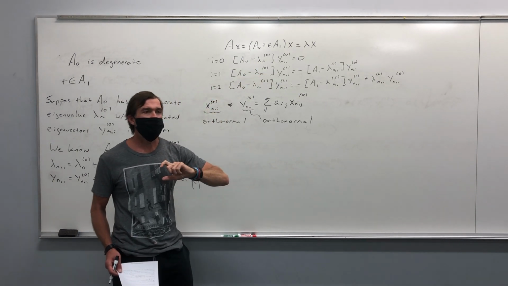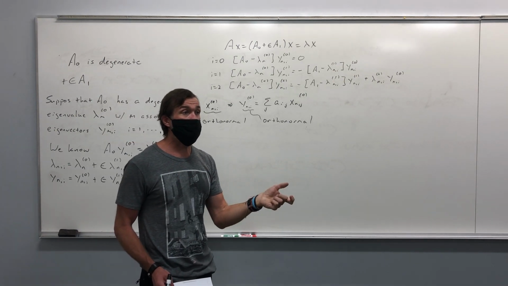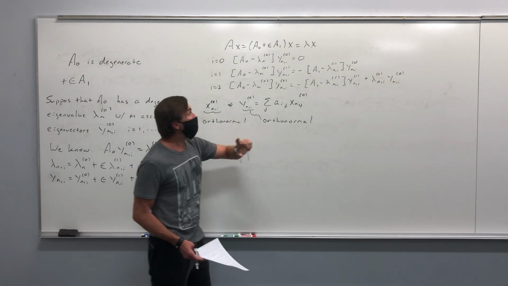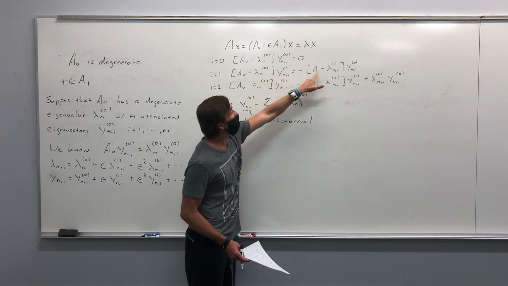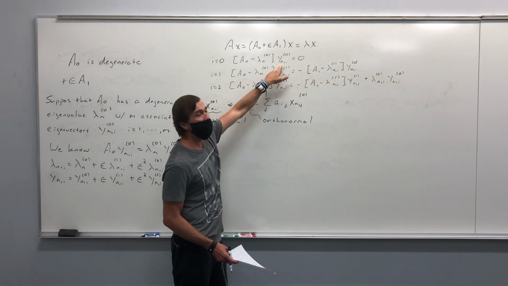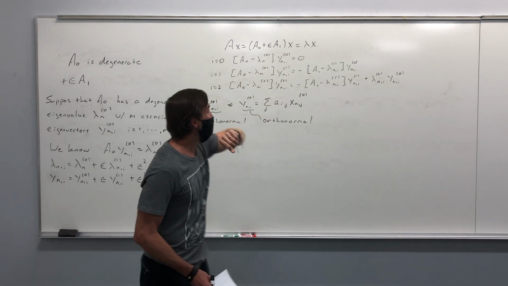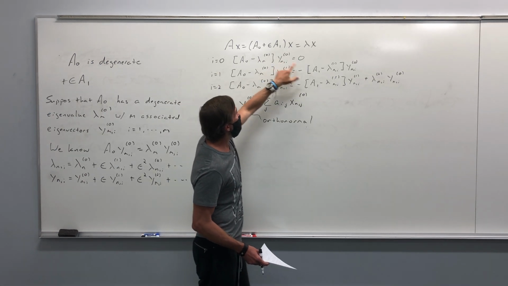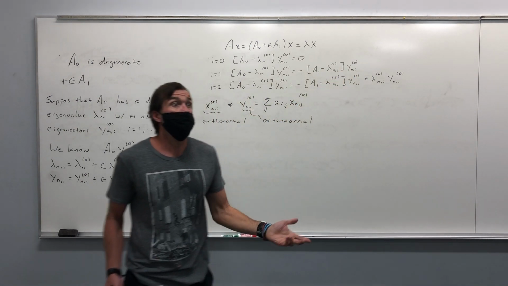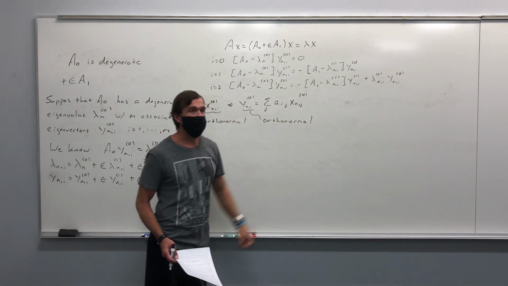Its adjoint is the same as the matrix itself, and the eigenvalues are real, so their adjoints are the same. So the point is that in order for this to have a solution, this must be orthogonal to that. Okay? But that means that the inner product of this with this must be 0, which gives you an equation with only one unknown.